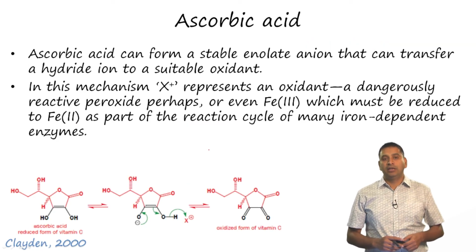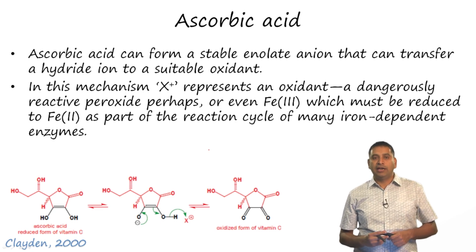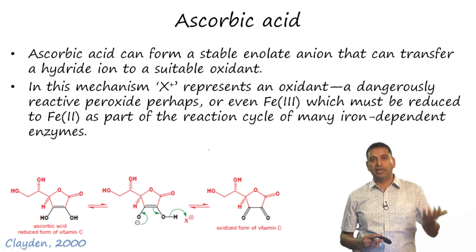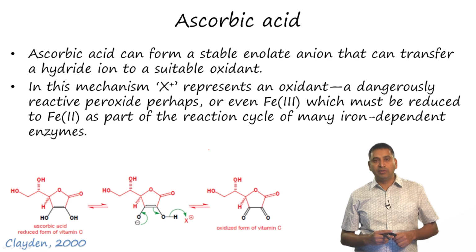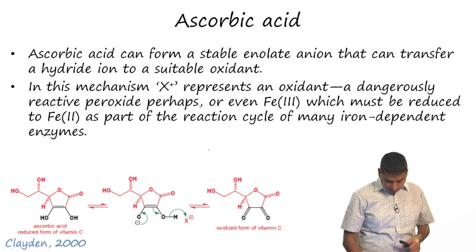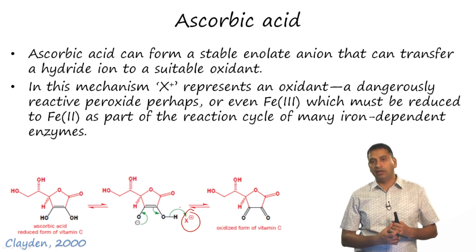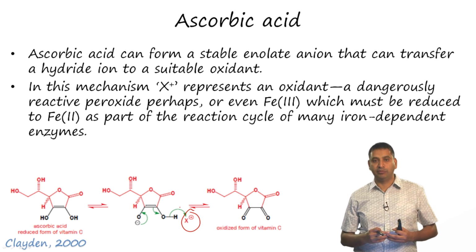Okay. Now, there are other reducing agents such as ascorbic acid, which can form a stable enolate that can transfer a hydride to a suitable oxidant. In this mechanism, X plus represents an oxidant, and typically it may be a reactive peroxide or even Fe3 plus, which must be reduced to Fe2 plus as part of the reaction cycle of many iron dependent enzymes.